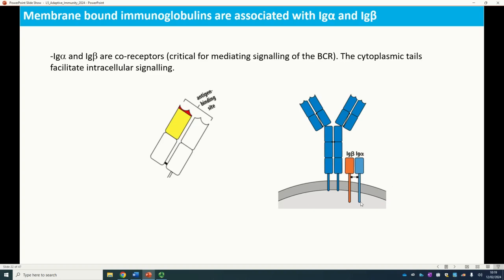You'll see that they have very long cytoplasmic tails, and this helps in propagating that signaling across the membrane. The antibody will bind up here, and you don't need to go into too much detail, but just be aware that these are the co-receptors that help to transmit that signal from the B cell receptor across the cell membrane, and they facilitate that intracellular signaling.